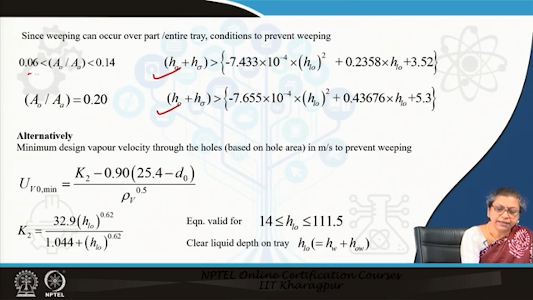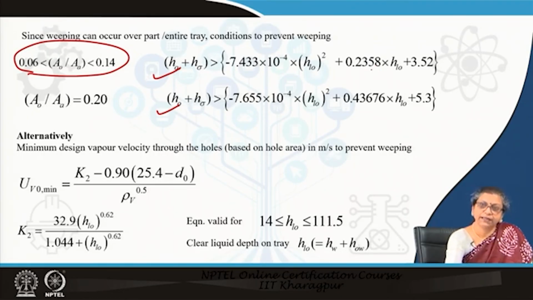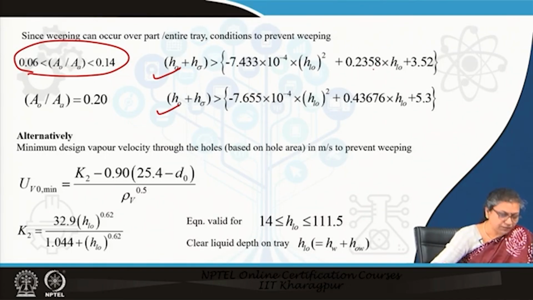So, for our case, this is the thing which is applicable. So, therefore, based on whatever data we have calculated, you need to use this equation, and you will find that this equation will be satisfied for your particular case.